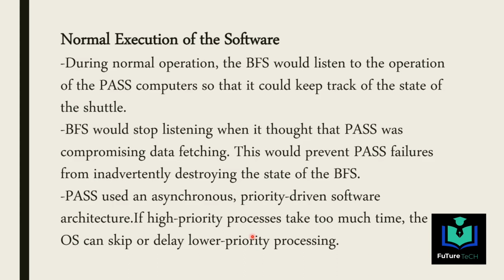If a lower priority task is taking place first and something very urgent happens, the prioritization is given to the higher priority, and the lower priority task follows after the higher priority task is completed. Now, in this PASS system, if a higher priority process takes too much time, it will ignore the lower priority processing. That is how it is scheduled.